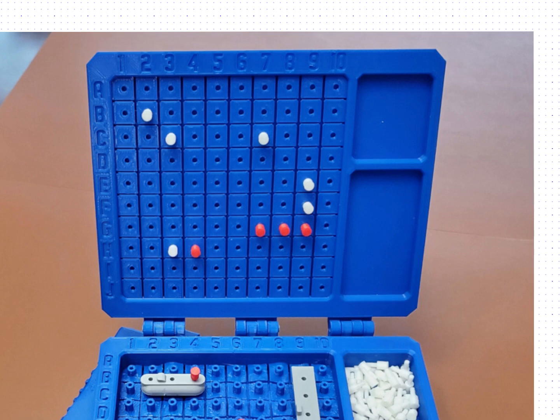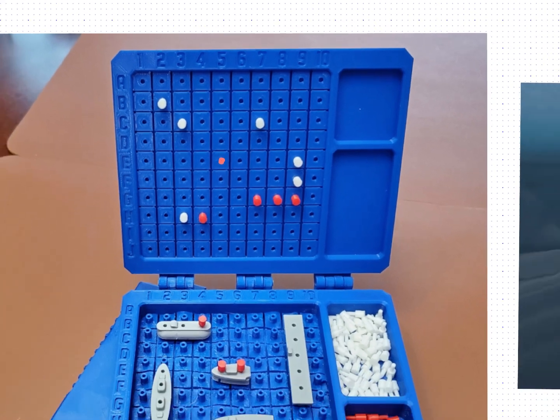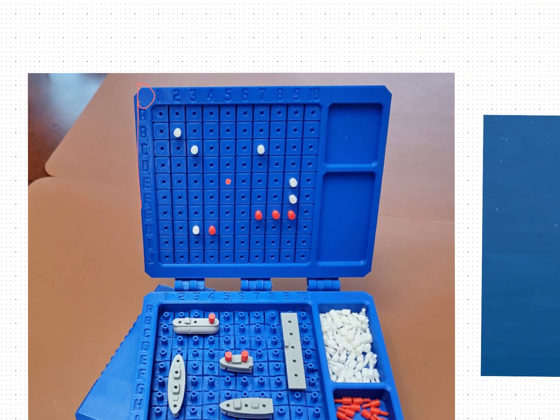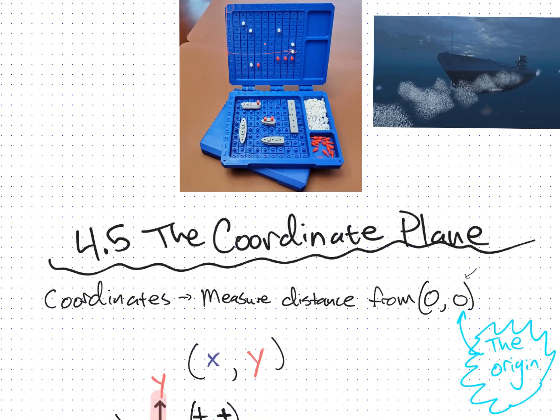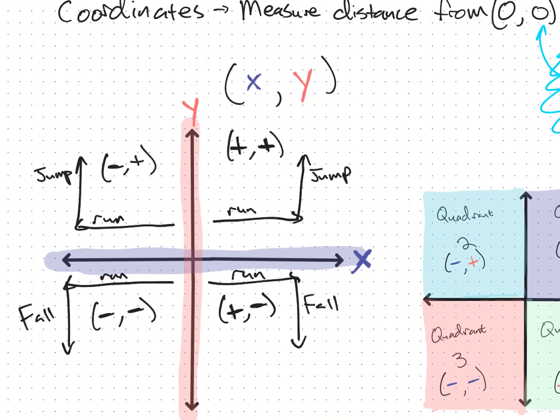Let's say I want to go to E5, so I go down to E, and then I go over to 5. And then if you know the game, your opponent will either say hit or miss, but I never miss, so I'm going to put a red dot there. It's the same concept of dropping and then running over.